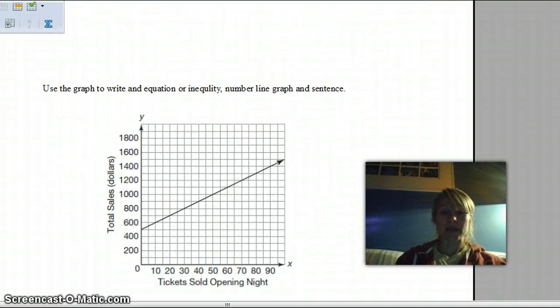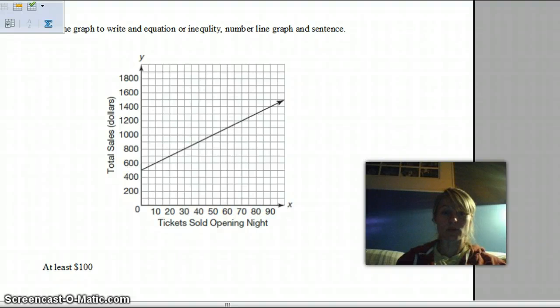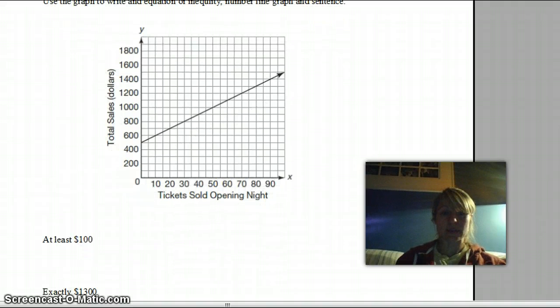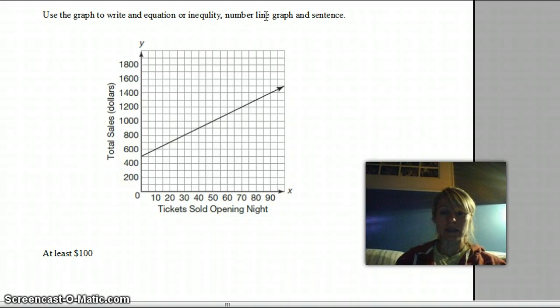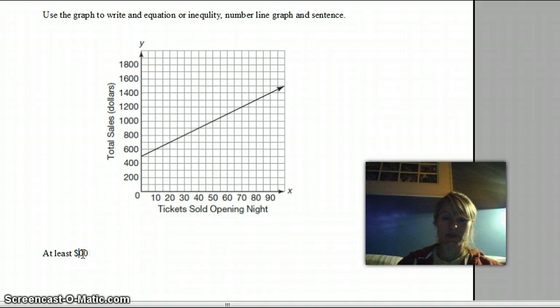And then the last one has you using some inequalities, just like 2.3 in your homework the other day, the first part. So again, for this one, if you didn't get it when we went over it in class, you have to write an inequality and number sentence. So it says this is the total sales of tickets. So when will there at least be $600 in sales?